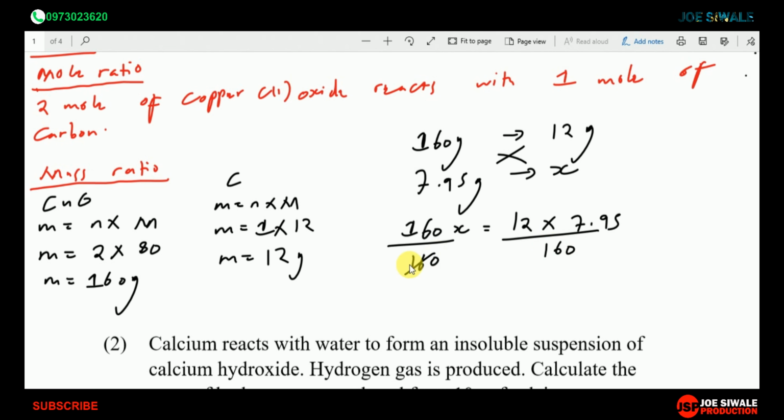If you perform your calculations there, the answer is going to be equal to 0.596 grams of carbon. So that's going to be our answer.